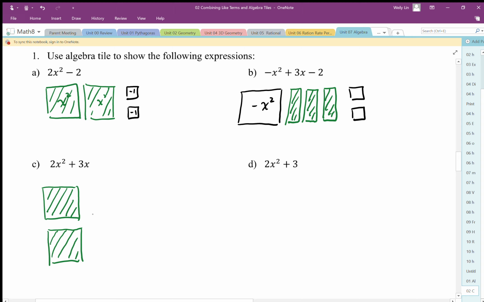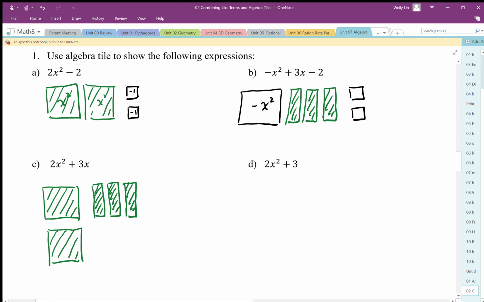And we need to have positive 3x tiles, so I'm going to have shaded tiles for positive, and I'll have 3 x tiles. When we draw this, notice that my edge length of x matches my edge length of x. The x squared represents the area of that tile, and the x represents the area of that tile.